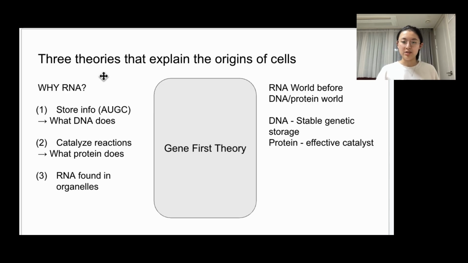First reason is because RNA is capable of storing genetic information. We all know that RNA is a polymer made of four types of nucleotides: A, adenine, U, uracil, G, guanine, and C, cytosine. And it's essentially a linear sequence of nucleotides that can encode information, just like DNA. And each RNA molecule can be copied to produce identical sequences, and this ensures heredity.